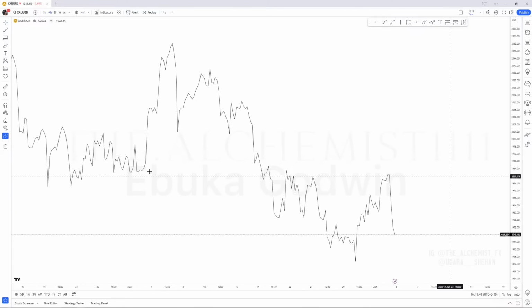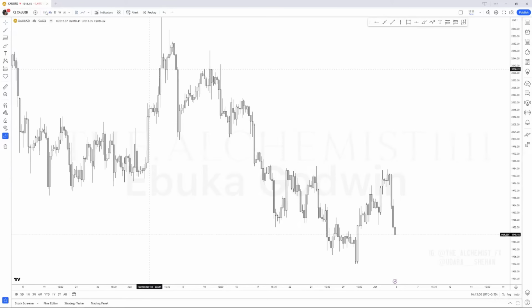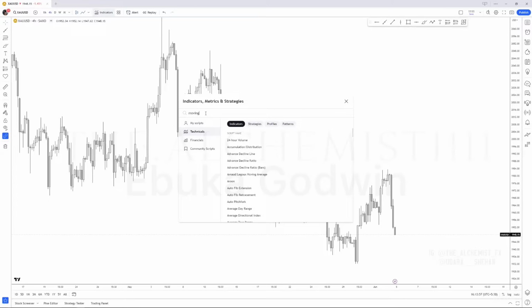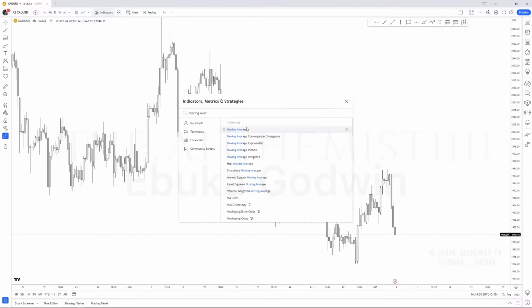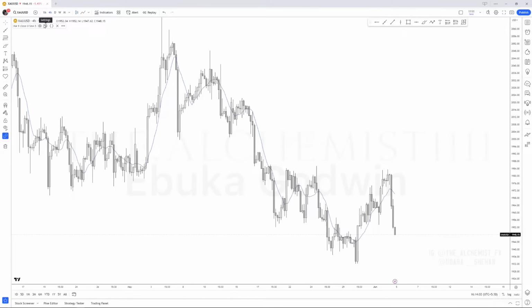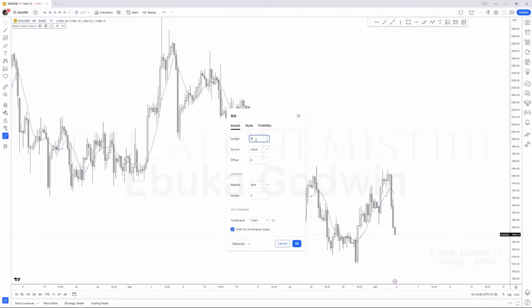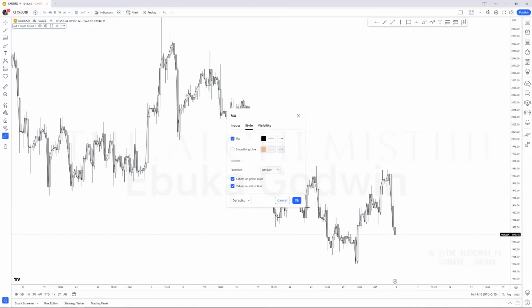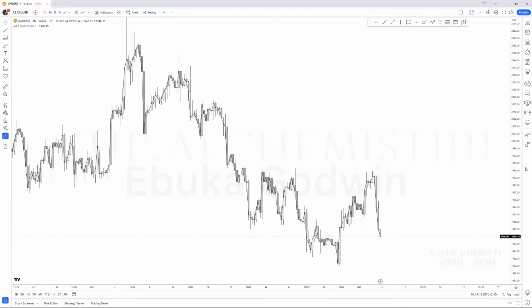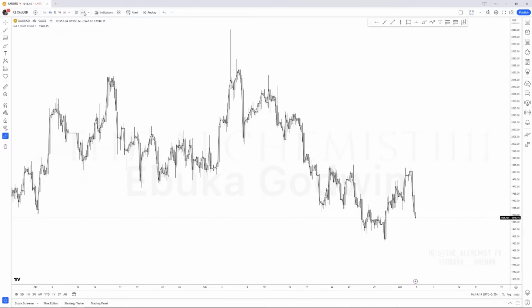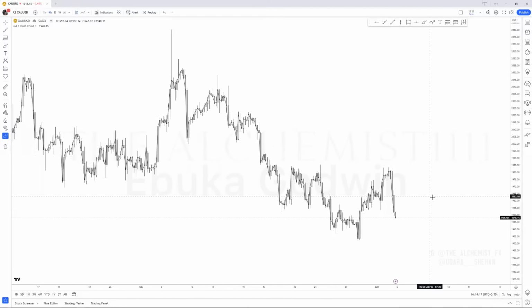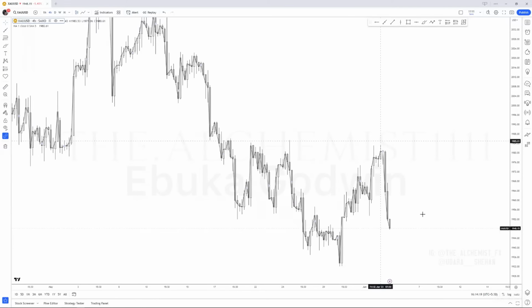Also, if you don't want to switch back and forth from candlesticks to line chart, you could go to indicators, take the moving average, and set its length to 1. And there you go, you have the line chart on the candlestick chart itself. So if you don't want to go back and forth, this is what you could do. You have the line chart and the candlestick both together.